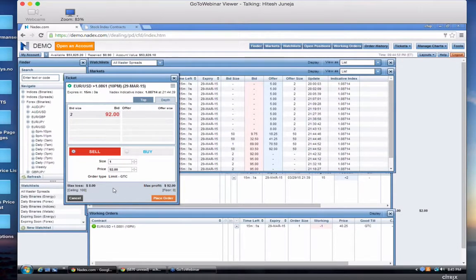Now, Chip, there's one question, which is how much volume do we need in the market? How many users does Nadex have right now? Will we ever run into an issue where we purchase a contract and there is nobody on the other side? Can that happen? Well, we have two market makers right now that are quite large.